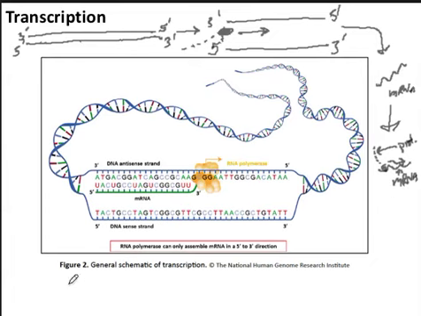But in a eukaryote, it's a little different. In a eukaryote, we have a stretch of DNA. We would unwind it using the top strand here to build our new message.